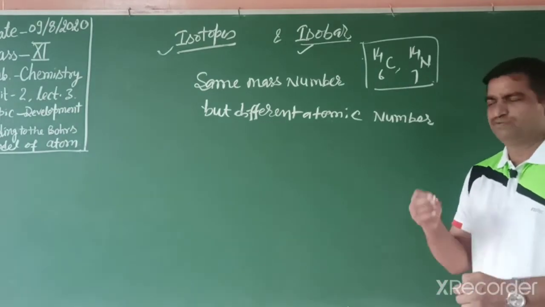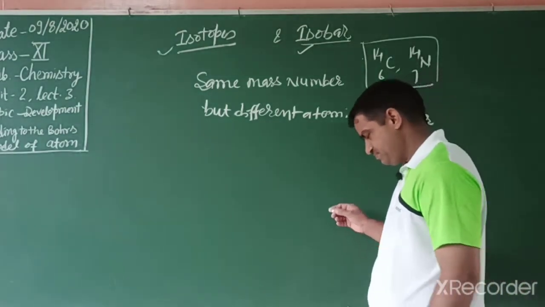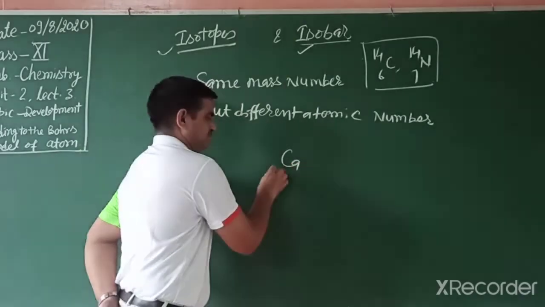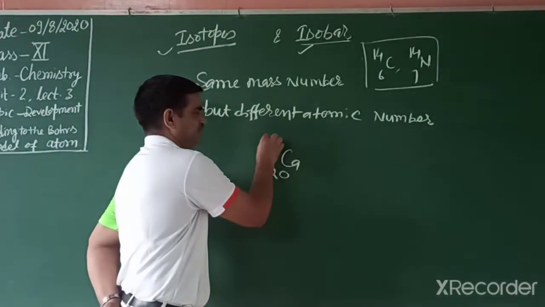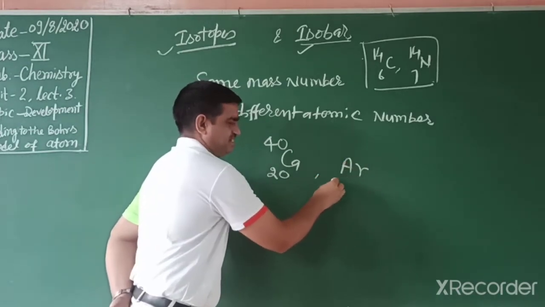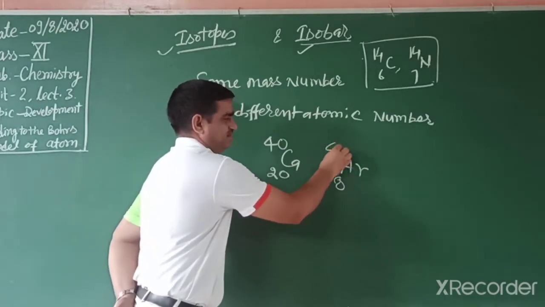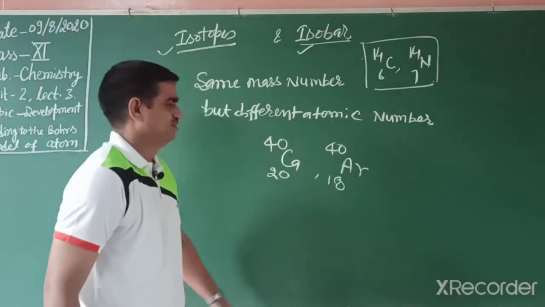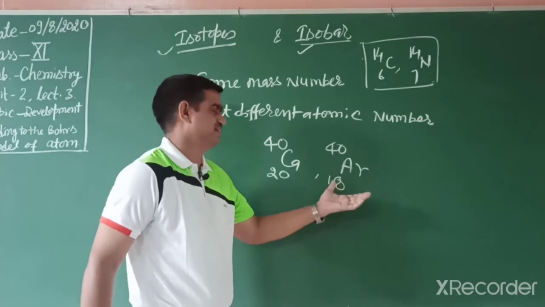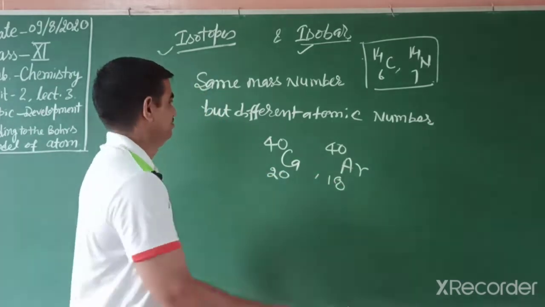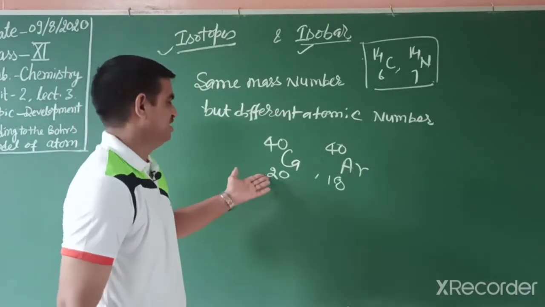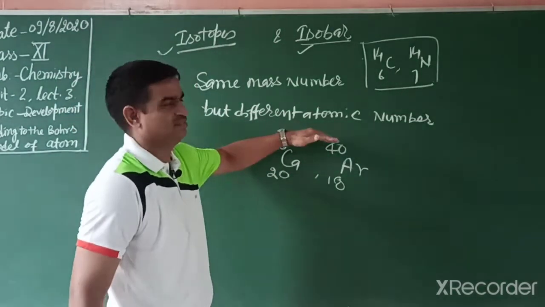We give one more example, calcium with atomic number 20 and mass number 40, and argon with atomic number 18 and mass number 40. Calcium is a metal, argon is a noble gas, an inert gas, so their properties are different. Students, isobars have different chemical properties because they are separate elements, only the mass is similar.